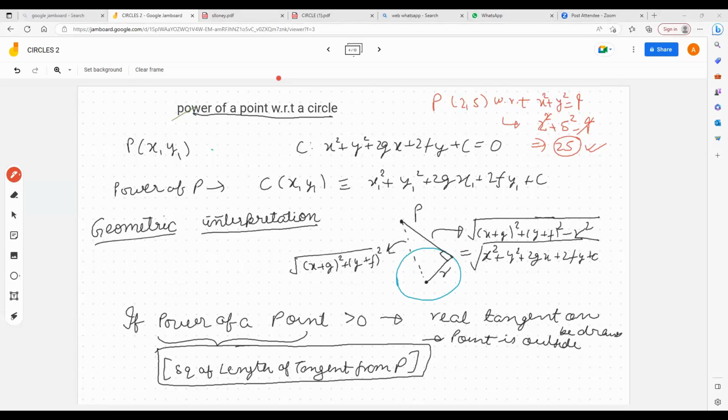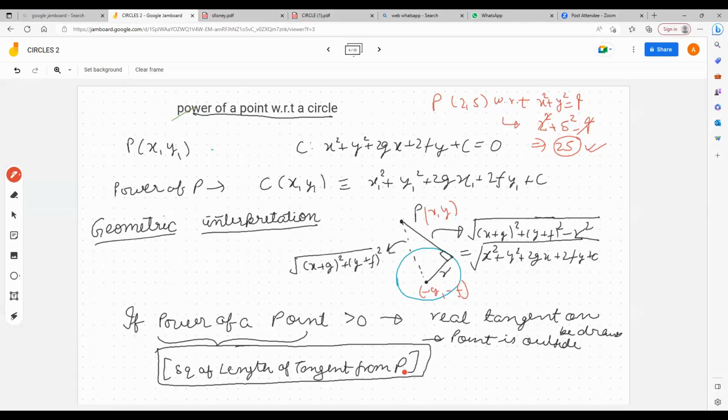Now we must also see what it geometrically implies. So suppose we are given a point P, and this is the center (minus g, minus f). Let the coordinates of the point P be x comma y. Then what will be the distance between P and the center?